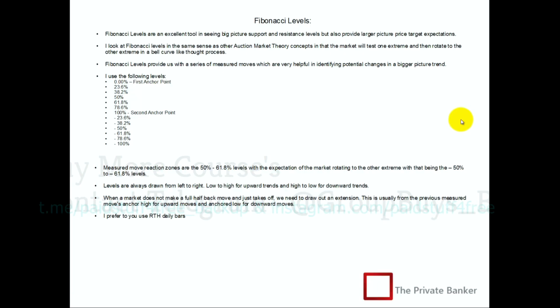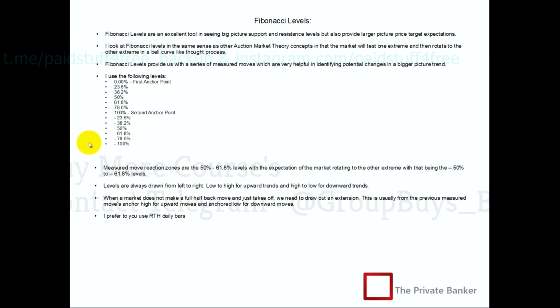I then look at the 61.8 level, the 78.6, the 100%, so that's my second anchor point, and then obviously the other extremes, so the negative 23.6, the negative 38.2, the negative 50, the negative 61.8, the negative 78.6, and the negative 100. So in that way, we're looking at the standard deviations, if that makes sense.